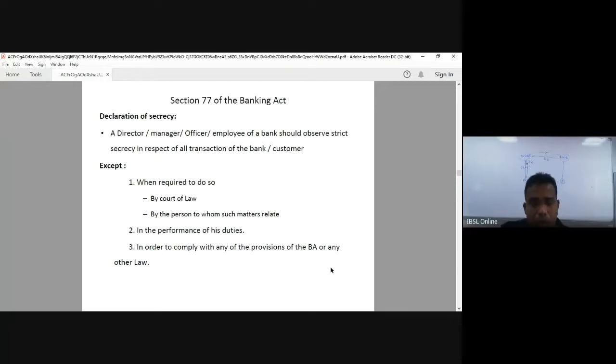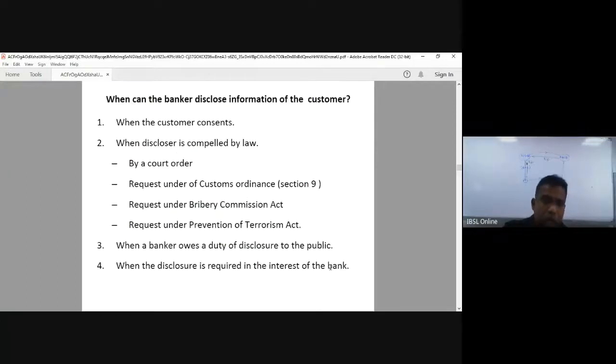Next, we are going to discuss the Banking Act. Under the Banking Act also, there are provisions that a bank can divulge information. Now you see, under the common banking law, there are four situations where we can divulge information.